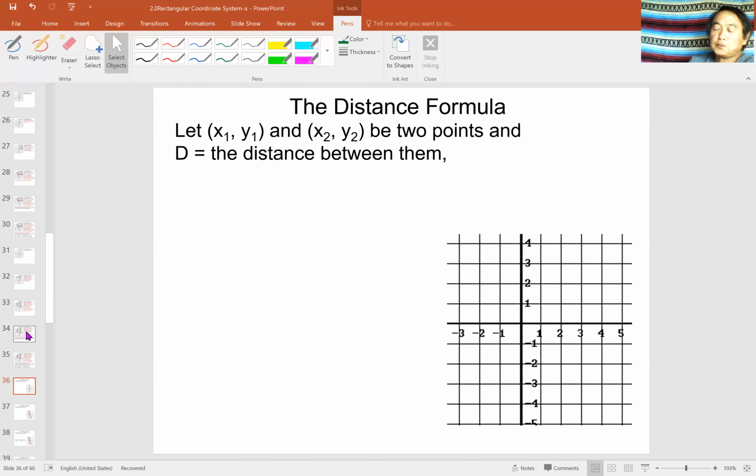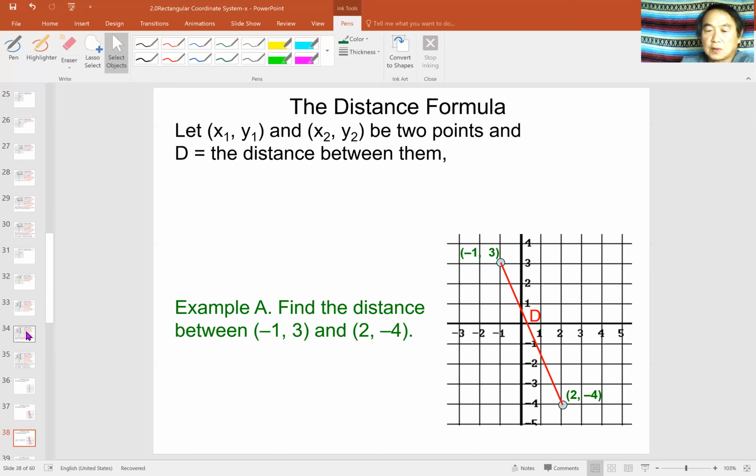What are some other formulas? Somewhat the most important formula is the distance formula, the straight line distance, d over here. If I use the Pythagorean theorem, there's a right triangle right here. All I have to figure out is the distance in here and the distance over here, then I can solve for d using the right triangle.